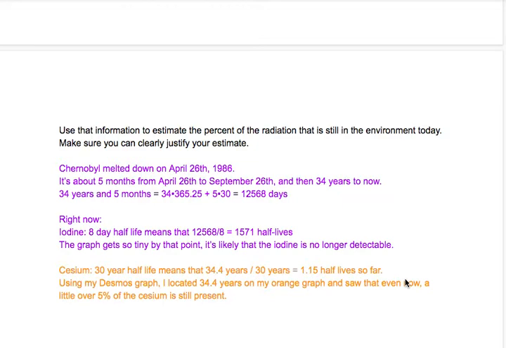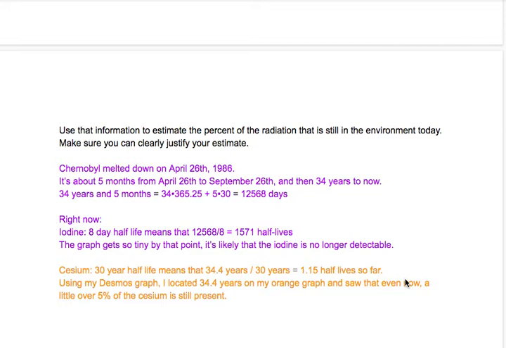It's a good bet that if there's any iodine still there, which actually there still is, but it's no longer detectable, it will really tell you how much there is. Now, cesium, being a much slower decay rate, in that amount of time, 34 years and 5 months is about 34.4 years. You've only been through 1.15 half-lives.